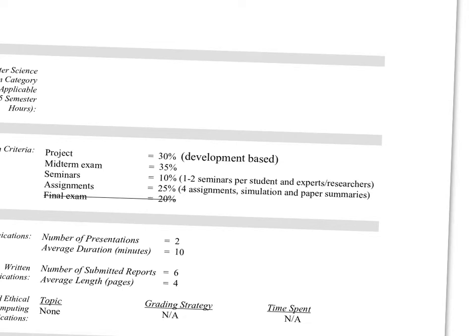So I actually tweaked a little bit the course to make it project-based. I'm going to talk about the implication of this in terms of assessment. Okay, so the project is a major component, and actually it's slightly above 30%, as I will clarify in a minute. So the project is a major component, 30%, and obviously it has to be development based.